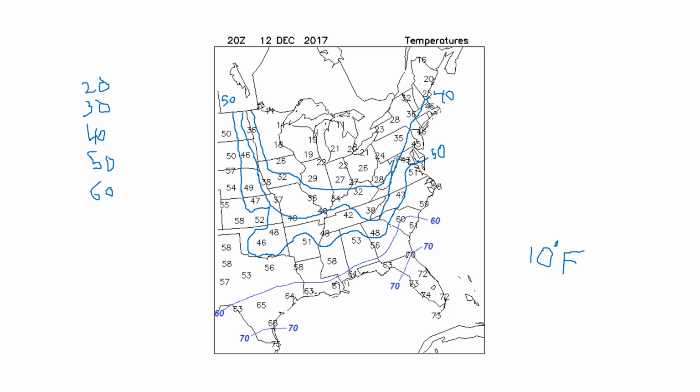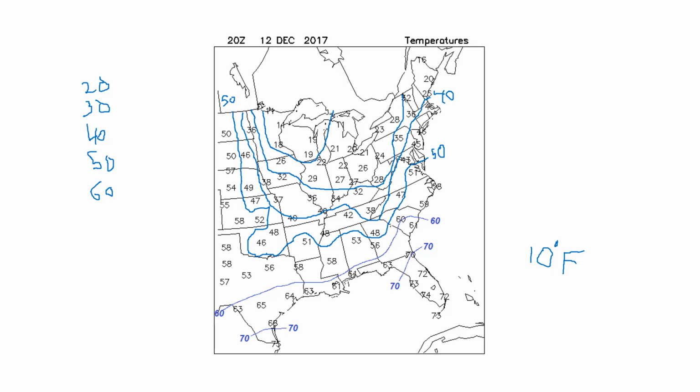Over here, the lines are getting really close together. That's what's called a very strong temperature gradient. That means that temperatures change substantially over a small area. So that was our 30-degree isotherm, and then here's our 20-degree isotherm. Just make sure that I do this for a moment, and voila. So 50, 40, 30, 20.